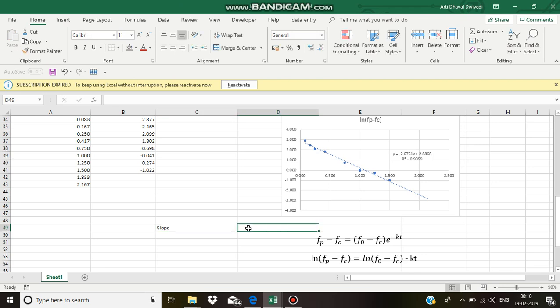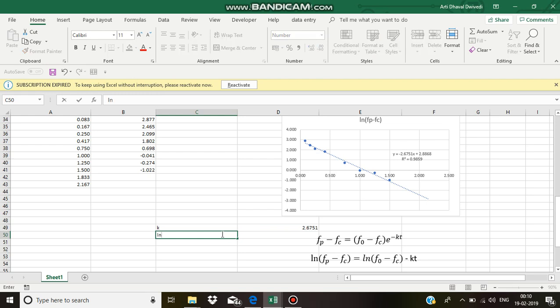Now the slope is represented by k here. So k is equal to the slope, which is 2.6751. Now ln F0 minus Fc is the intercept.